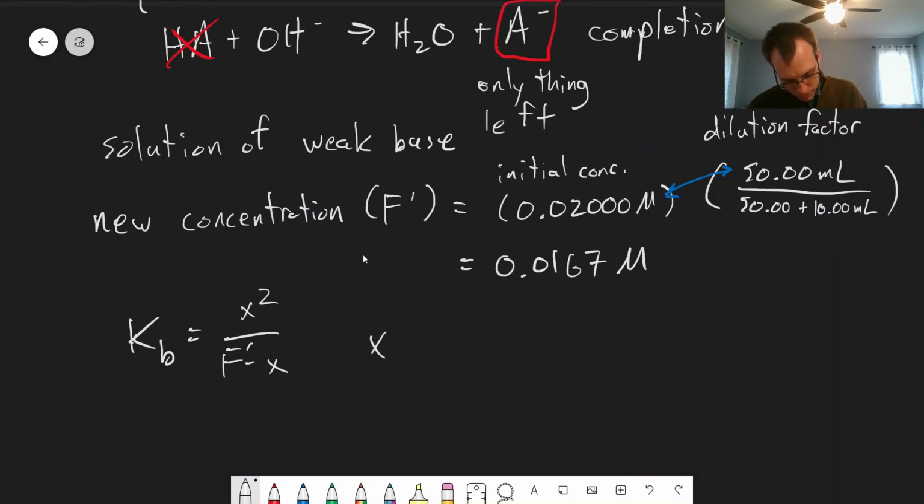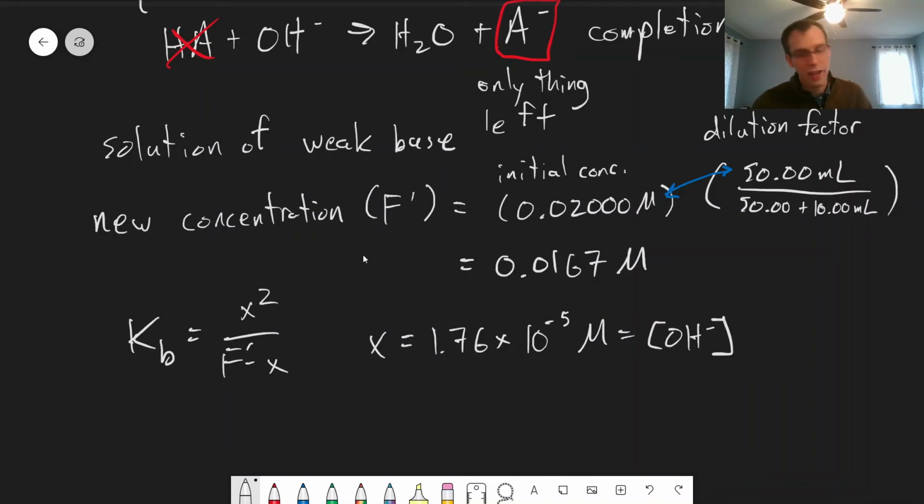So I'm going to skip those steps. Those are things that you can go back to previous chapters to double check you know how to do those things. But x is going to be 1.76 times 10 to the minus 5 molar. And remember, since this is a weak base problem now, that's equal to the concentration of hydroxide. So using the usual steps, we can change that to a pH, and that gives us a pH of 9.25.